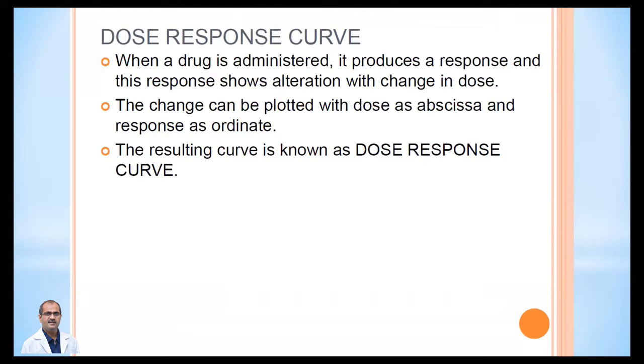So this dose and response are plotted on an X and Y graph, which is known as the dose response curve. The change can be plotted with the dose as abscissa and response as ordinate, or X and Y axes. The resulting curve is known as the dose response curve.